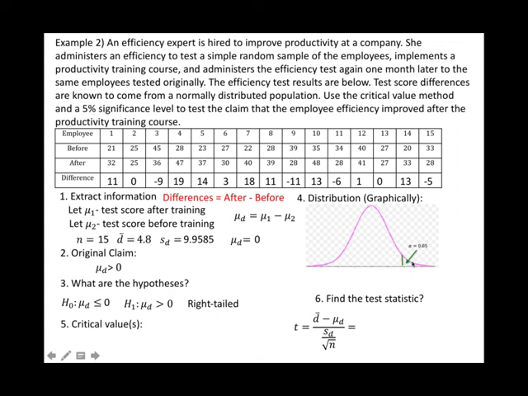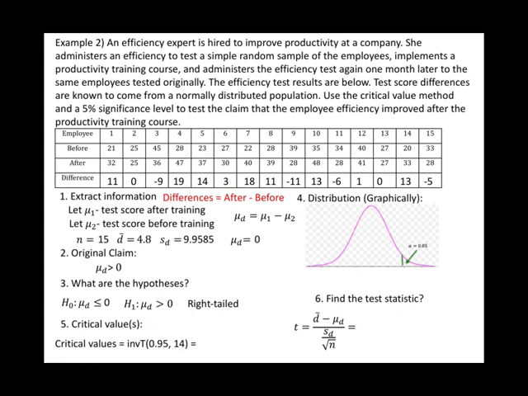So we have the right tail, we only have 1 critical value, and it will be positive. So the area from the left here will be 0.95. Okay, 0.95 on the left hand side. So we'll be using the inverse t, area from the left 0.95, and then the degree of freedom will be n minus 1. So you should get 14.